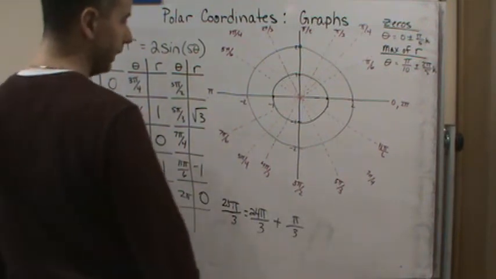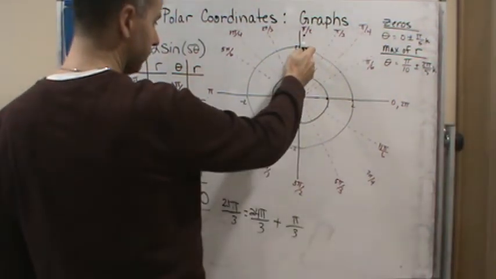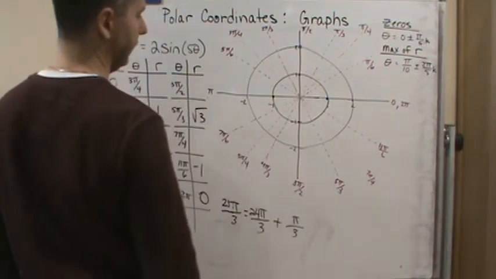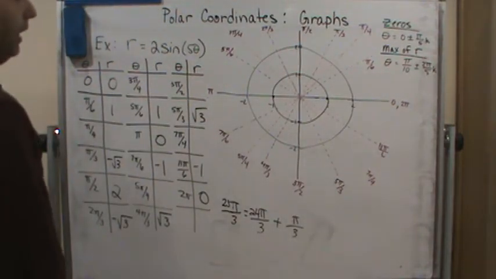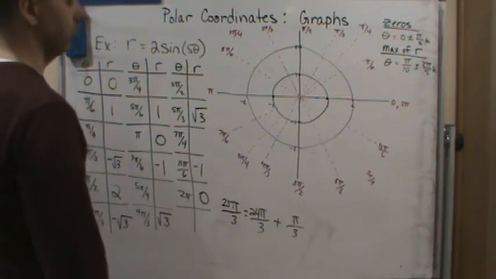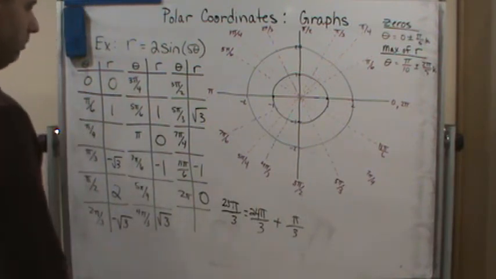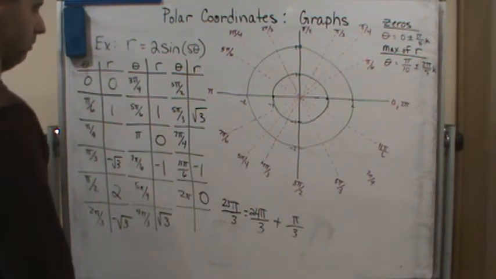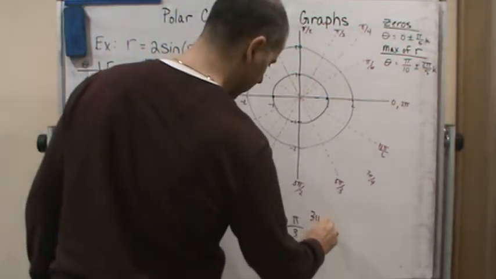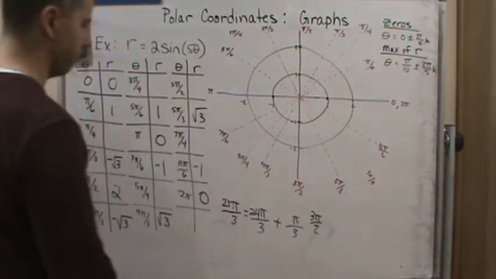Well, it's a maximum here, which means when it goes to here, it goes negative, right? Yeah, so it's going to go to 3 pi over 2.